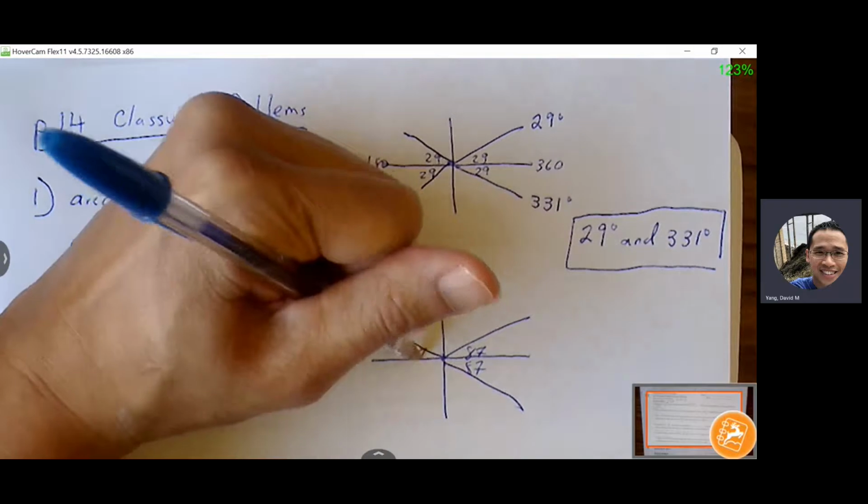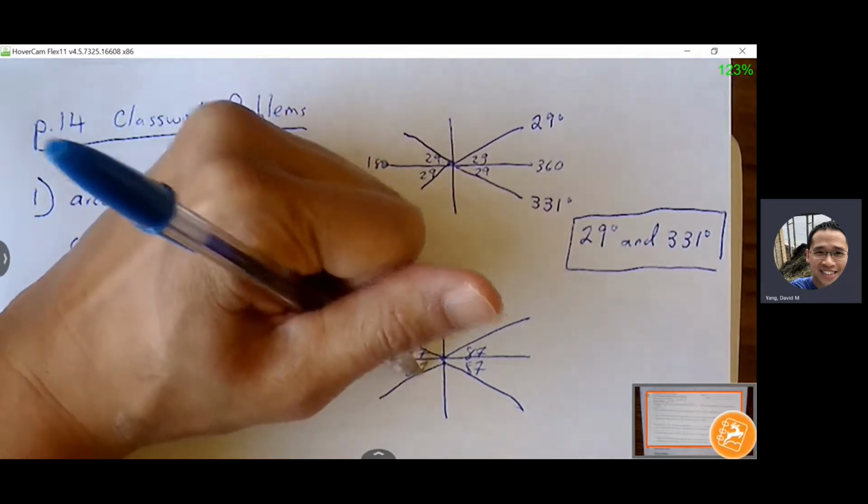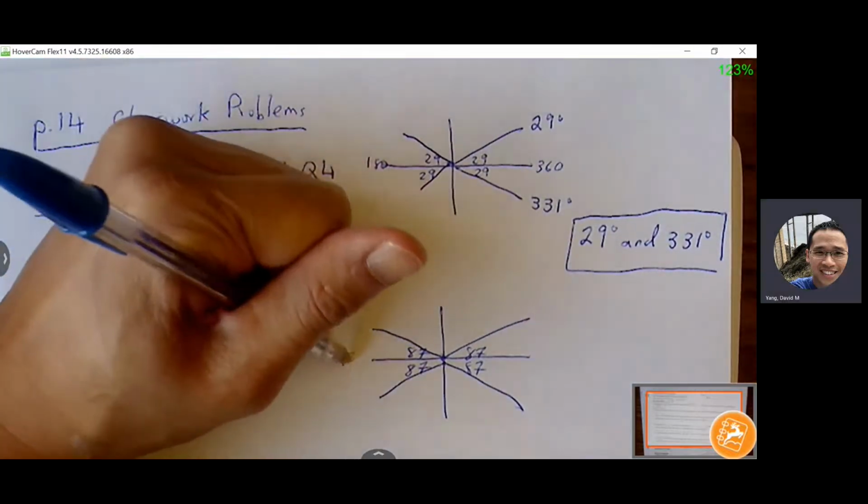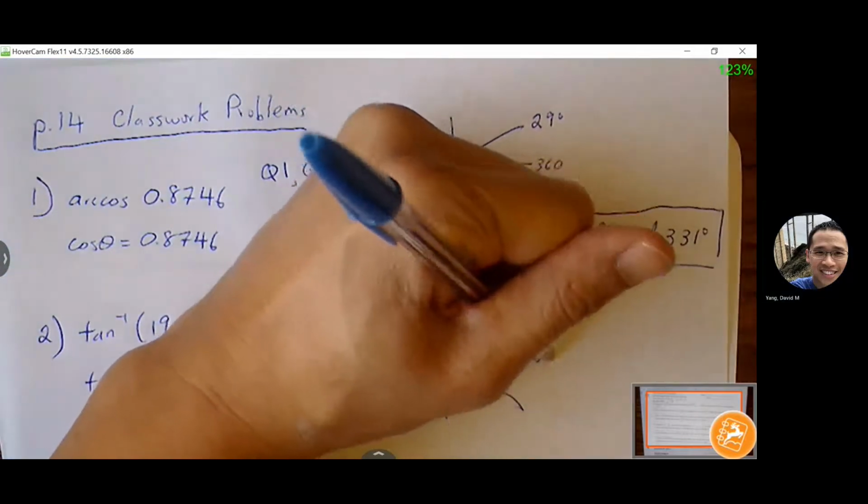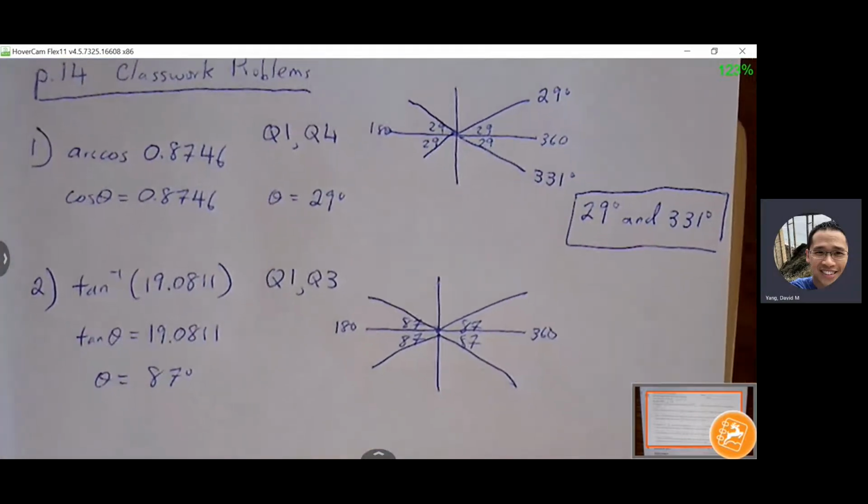Once you get that reference angle, just go ahead and put it in every quadrant. That way you just have a pattern to follow for every problem.